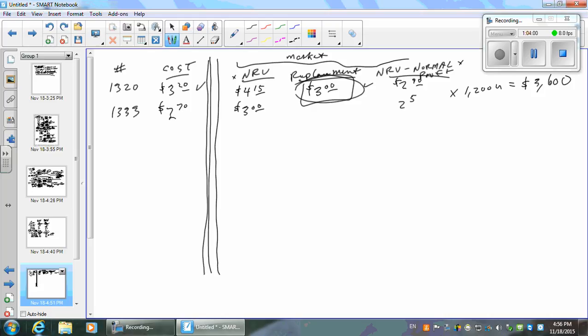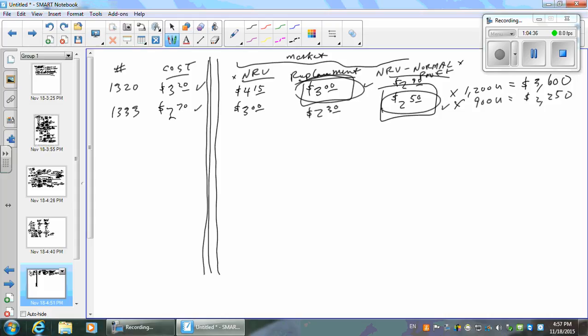Are you right? What's the replacement cost? $2.30. Now what's in the middle? $2.50. And what am I comparing the $2.50 to? The cost is $2.70. Net realizable value less normal profit, our proxy for market here, is $2.50. What do you think? I think $2.50 is less. I'll use it. Times what? 900 units. What's that, you guys? $2,250.